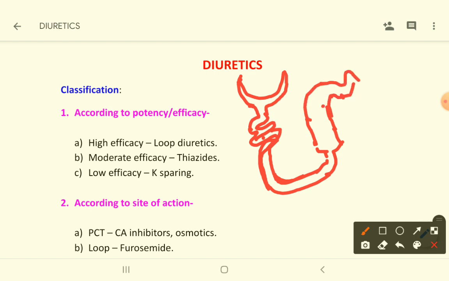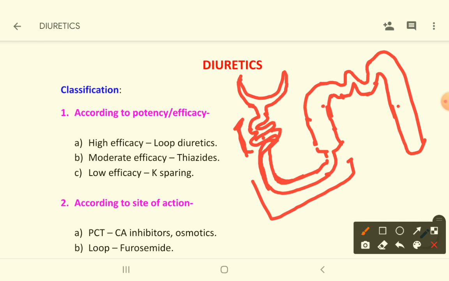All right. So this is your nephron. So this is the proximal convoluted tubule, loop of Henle. This is the ascending limb of loop of Henle. This is the distal convoluted tubule, the collecting ducts. Right? So potency or efficacy.